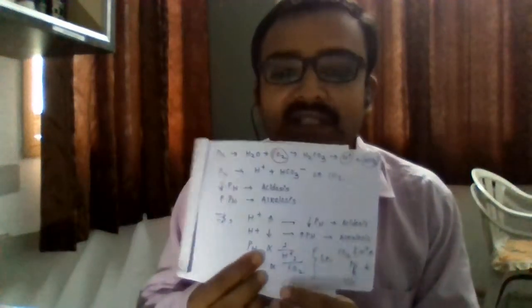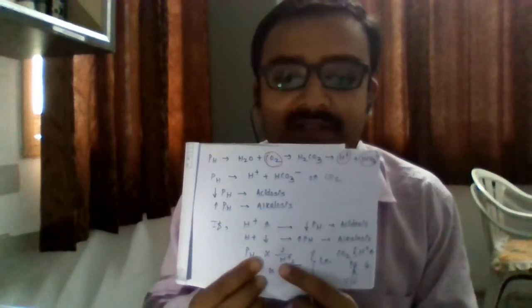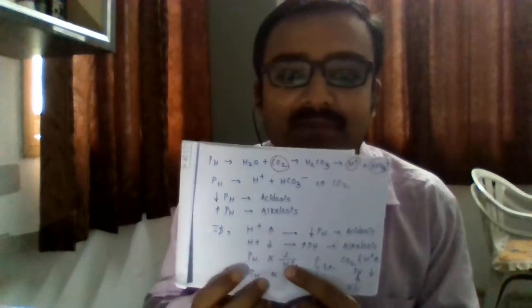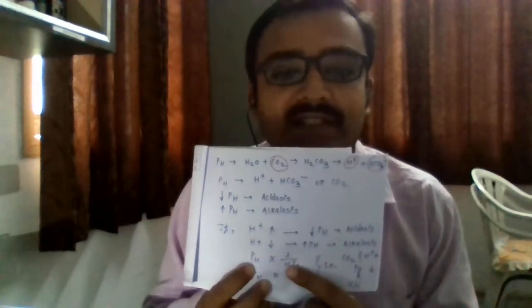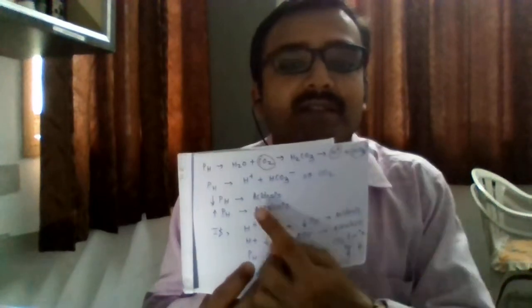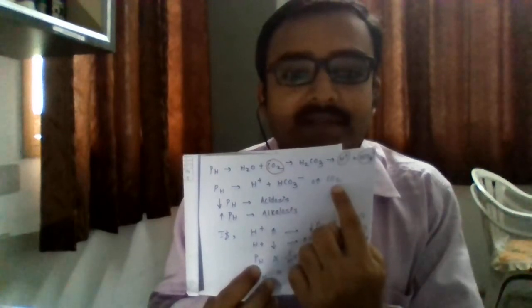From this, we can clearly understand that pH is inversely proportional to the hydrogen ion concentration. That means if hydrogen ion concentration is increased, pH is decreased and the resulting condition is acidosis. Similarly, pH is also inversely proportional to the CO2 levels.